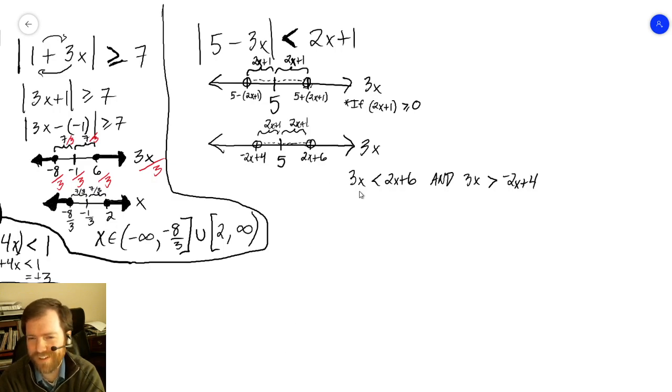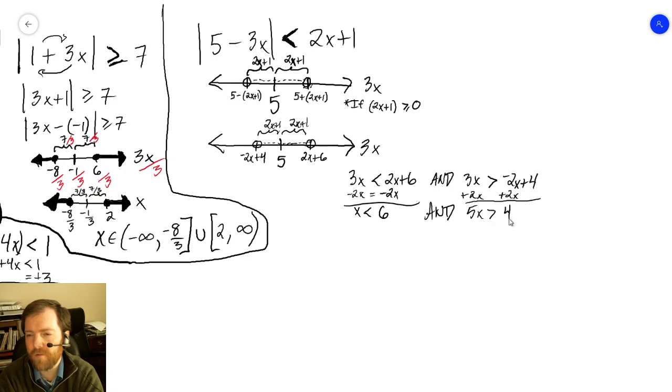So if we subtract 2x from both sides, we get x is less than 6. And if we add 2x to both sides, we get 5x is greater than 4. All right, divide by 5, both sides. X is going to be greater than 4/5, and x is less than 6.